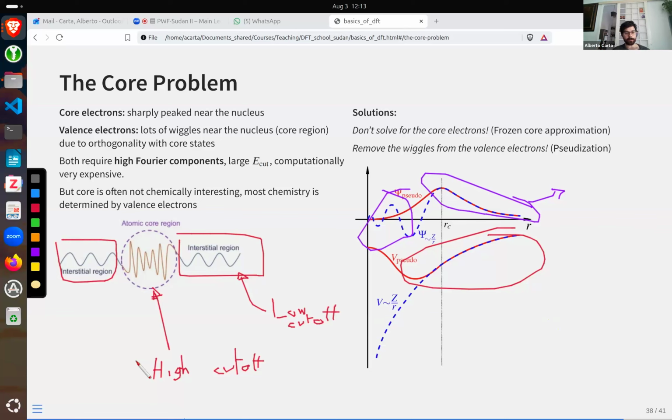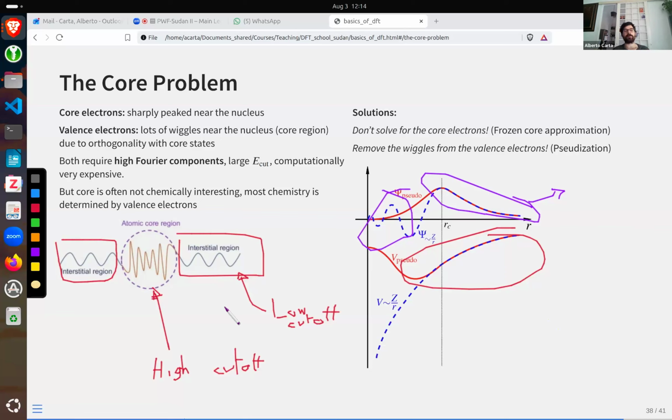We would like a high cutoff, but this interstitial region generally is not very interesting. It doesn't really participate in chemical bonding, so it's very expensive in terms of calculation, but not very informative in terms of the properties that we want to compute.